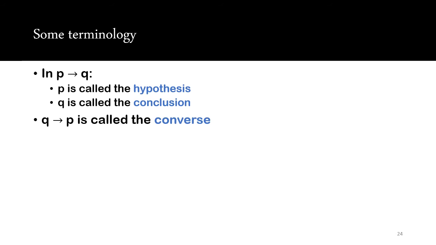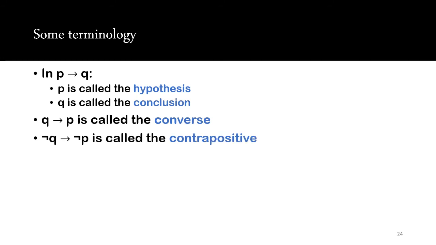So we have Q implies P, which is called the converse of P implies Q. It's essentially flipping the script. It's the reverse. Q can't be true if P is false, unless you want the statement to be false, which is bad.